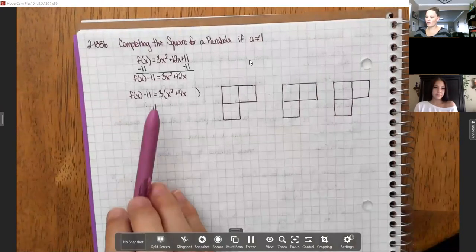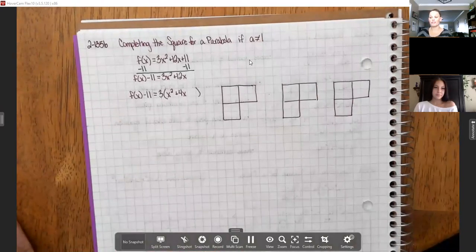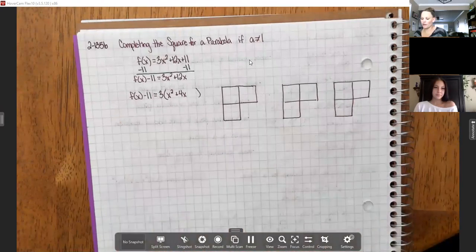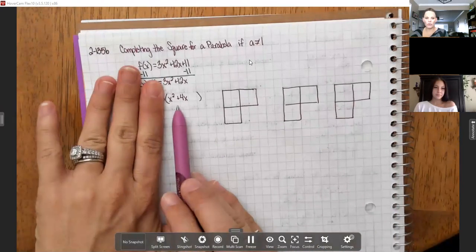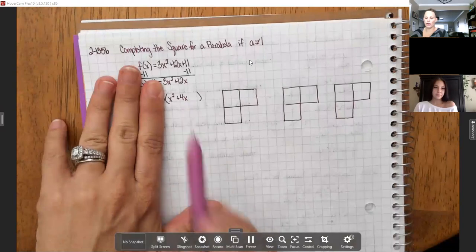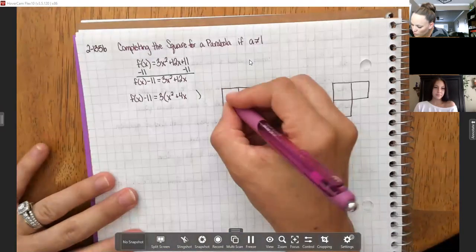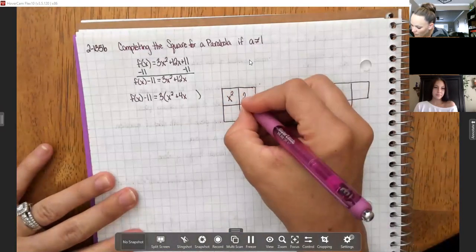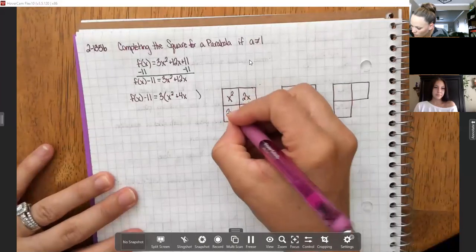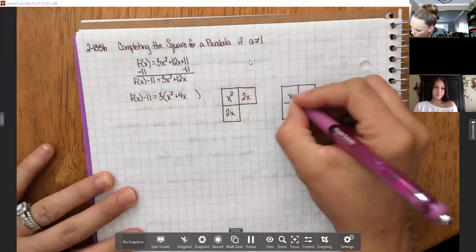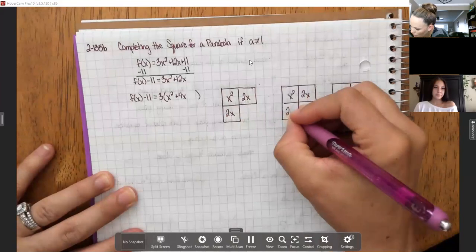So again, the 3 in front means we have 3 of these squares, and all 3 of them are exactly the same. The 3 in front means we do this 3 times, and this is what we're completing the square for, the x squared plus 4x. So remember, you cut the 4x in half to get 2x. The exact same square 3 times.